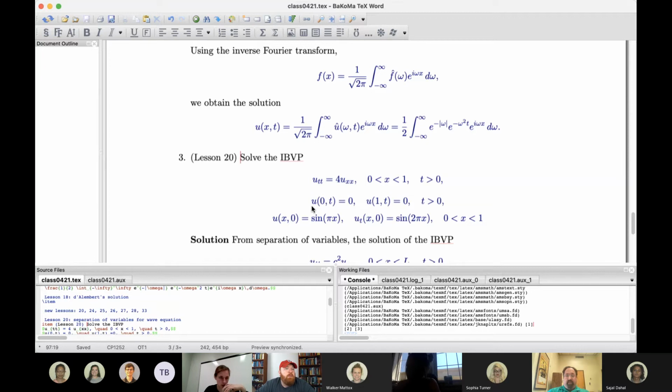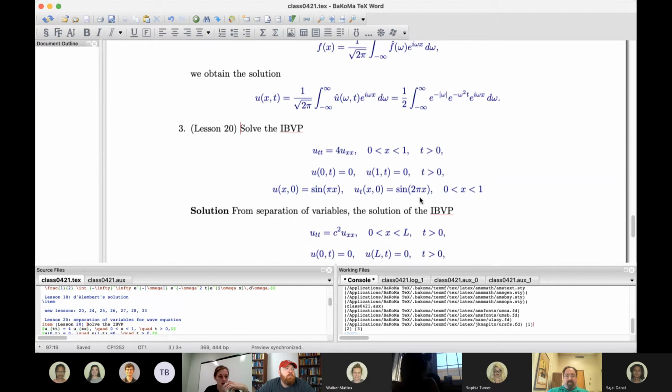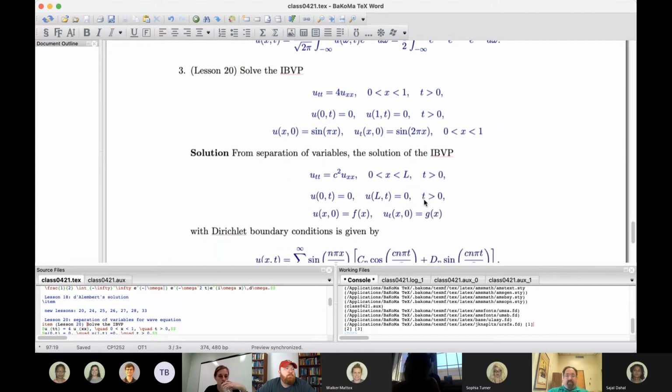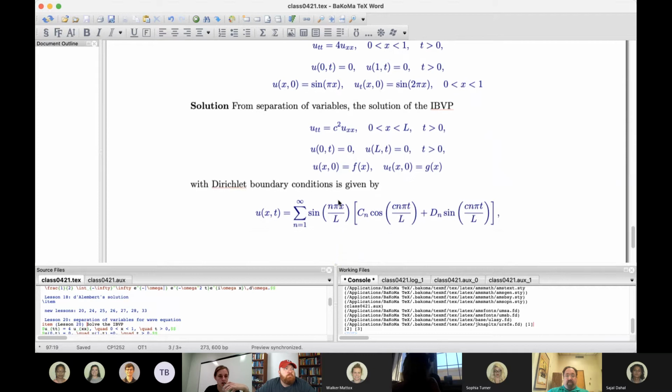So your eigenfunctions would be sine of n pi x over L, where L is equal to 1. And then you have your two initial conditions here. So your solution is going to have this form, where Cn and Dn are based on these initial conditions.